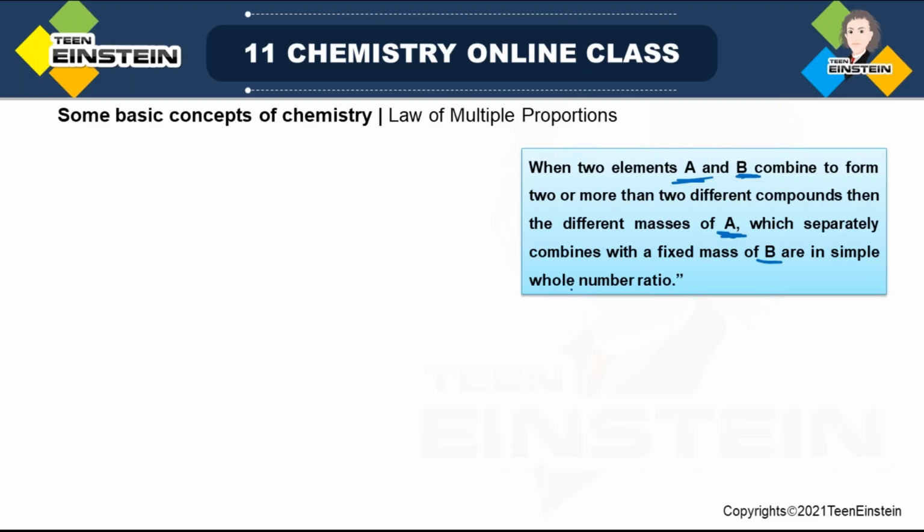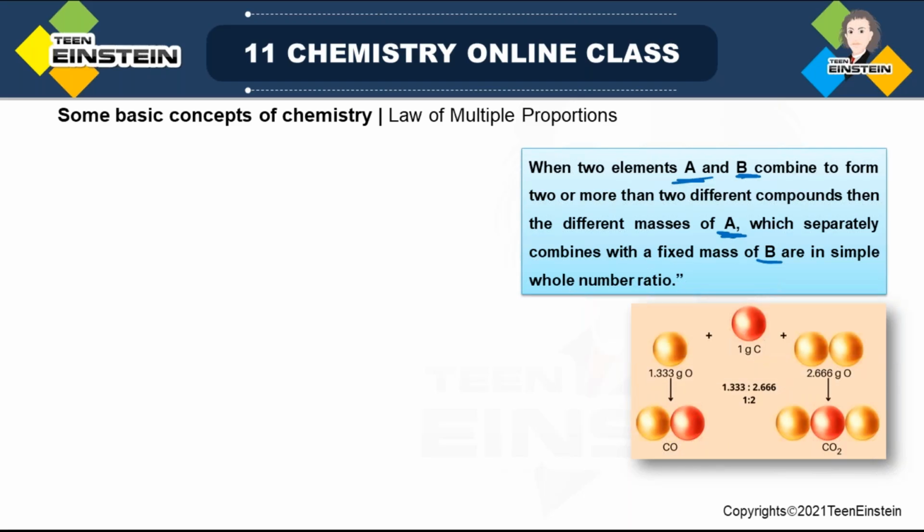Not necessarily B, you can also do it for A. For that fixed mass of one element, the second element reacts with that fixed mass in two different compounds or three different compounds. All this mass ratio will be in whole number ratio.